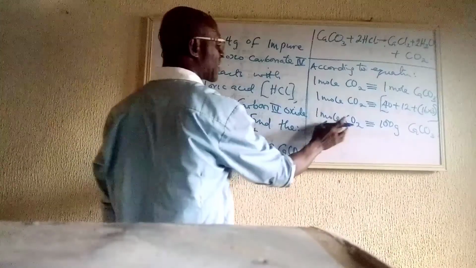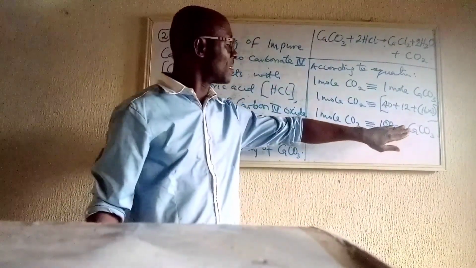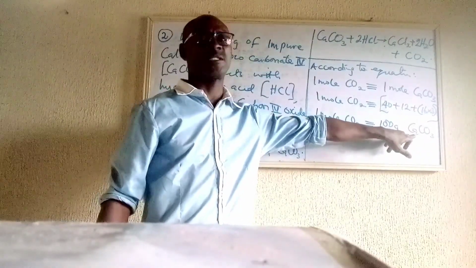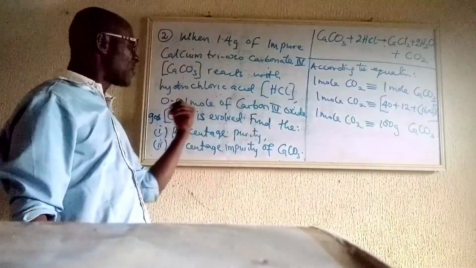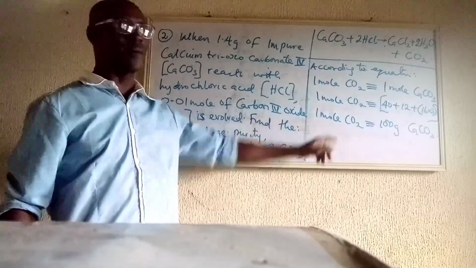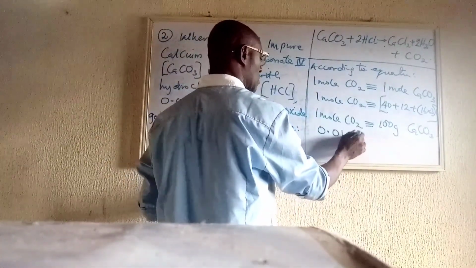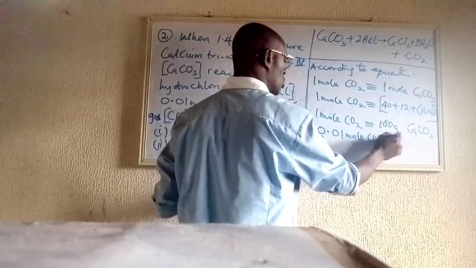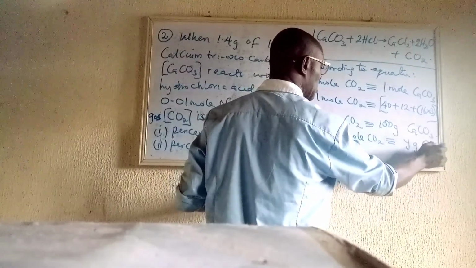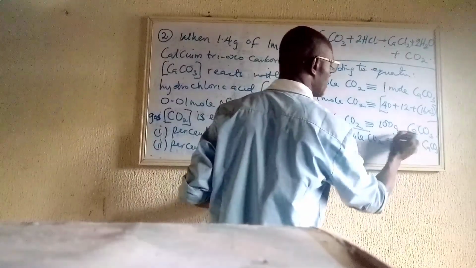So if 1 mole of carbon(IV) oxide is produced by 100 grams of pure calcium trioxocarbonate(IV), let's now see the mass of this that will produce 0.01 mole of carbon(IV) oxide. So 0.01 mole CO2 will be produced by, let's say, Y grams of calcium trioxocarbonate(IV). So let me draw the division line.